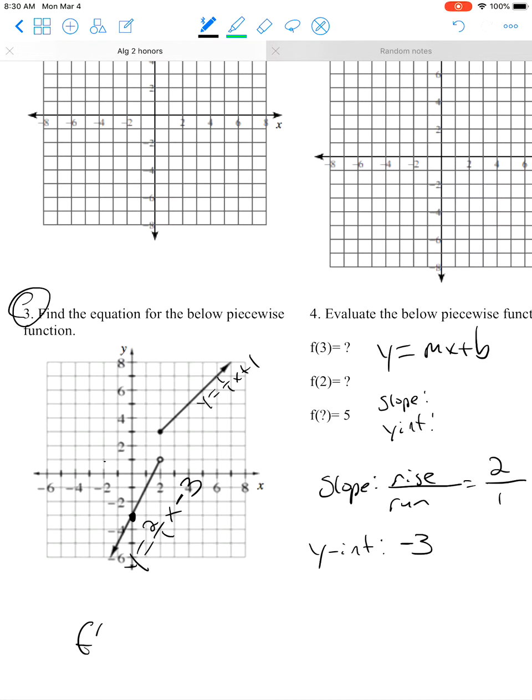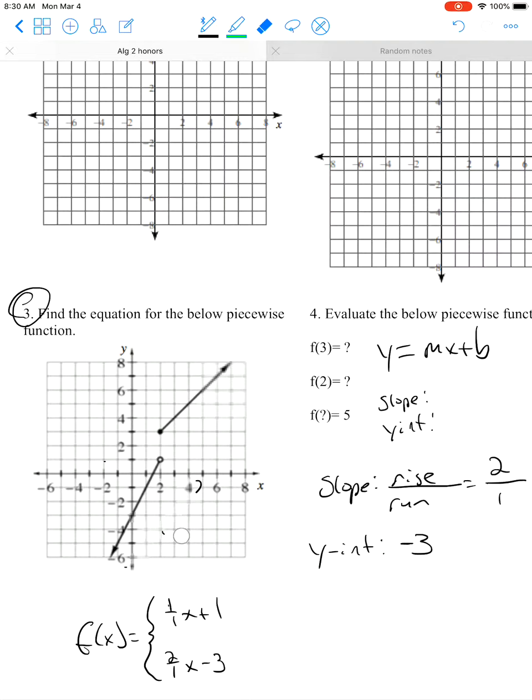I have f of x in my piecewise function equals 1 over 1x plus 1 at one spot, which is from here, and it equals 2 over 1x minus 3 at another spot right there. I'm looking good so far. Now I just need domain and range restrictions, and I will be done.